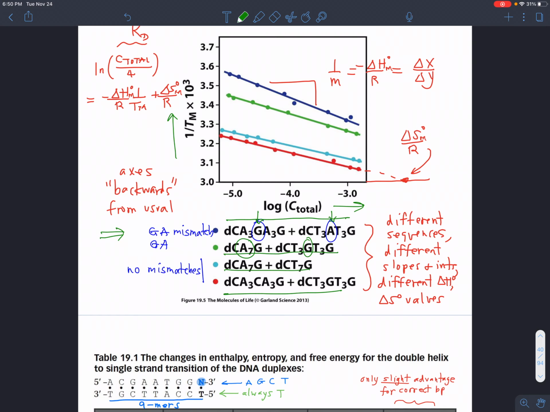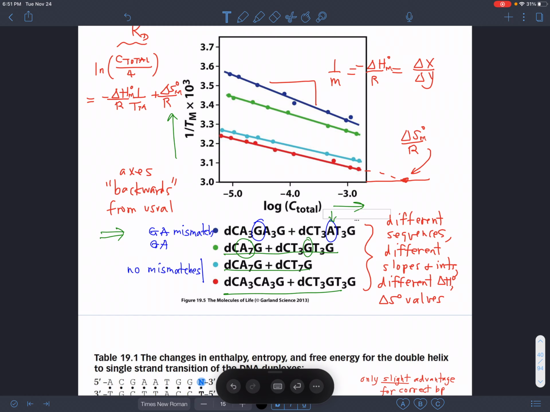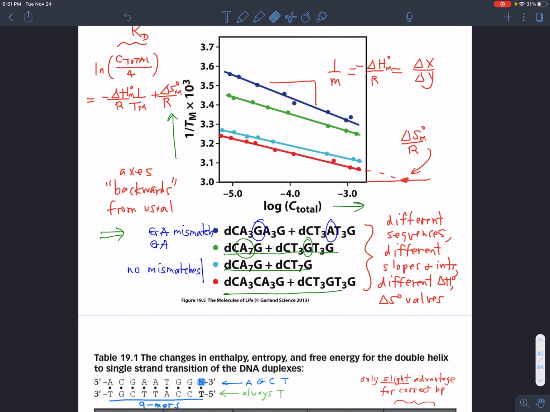They're good, and that corresponds to these 2. The other guys correspond to these 2. And so you can see that you can tell apart when there's a mismatch from when there's not. And that's how this whole technique and methodology works.